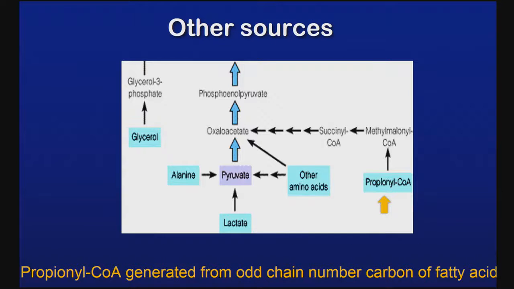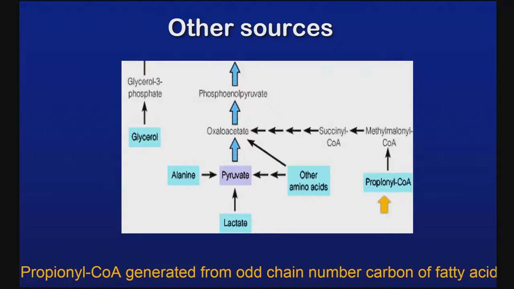Now, other molecules can contribute. You know most of them now: glycerol, alanine, the amino acid can convert to pyruvate directly. Lactic acid can convert to pyruvate. But when fatty acid breakdown occurs, in general, fat does not contribute to gluconeogenesis, just for energy purposes.